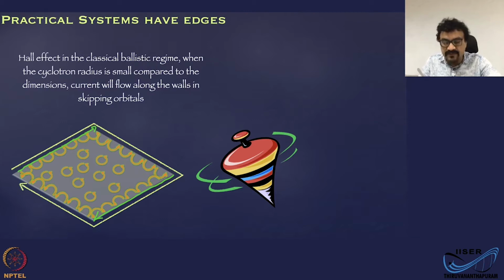and the electrons which move in forward and reverse direction are at the opposite edges. They are not at the same edge. You will not find any electron in this edge which will move in the reverse direction. All those electrons which move backwards will be at the opposite edge. Same case here also. Here electrons will move in this direction, but all the electrons in the opposite edge will move in the opposite direction.